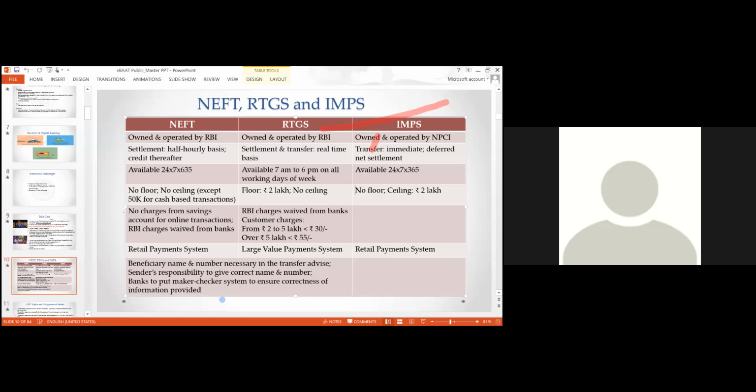Ma'am, one more thing: which state has the most bad debts? I want to know this, because I was trying to find a few factors.